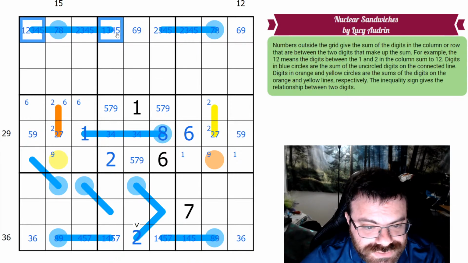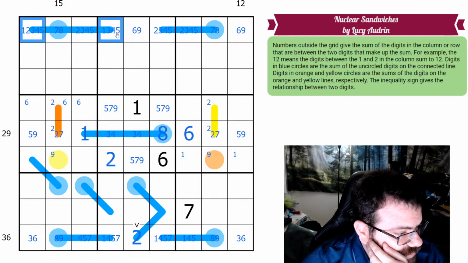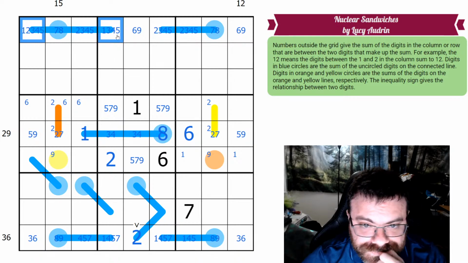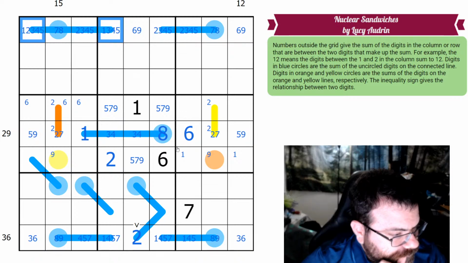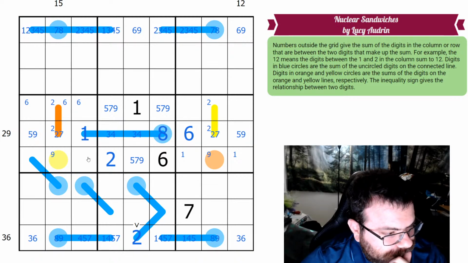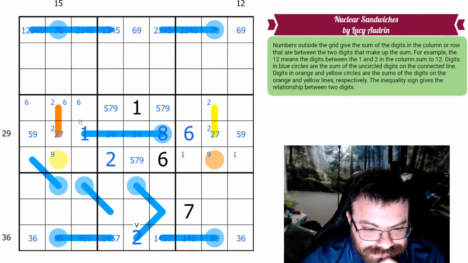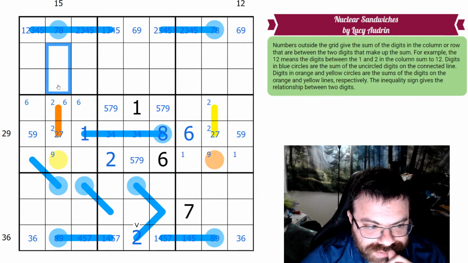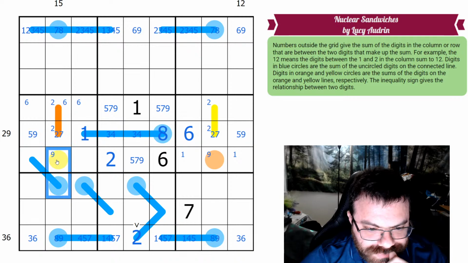So there's a 1 in one of these two. So if the 15 sum here were 6, 9, we'd have to do 6, 9 here.